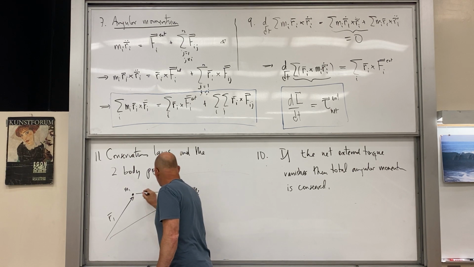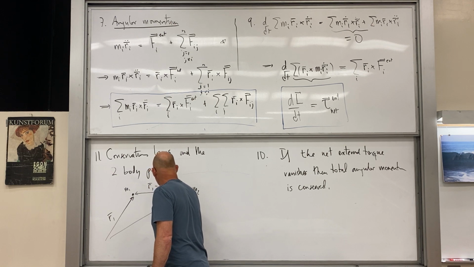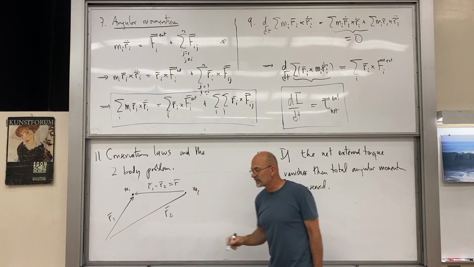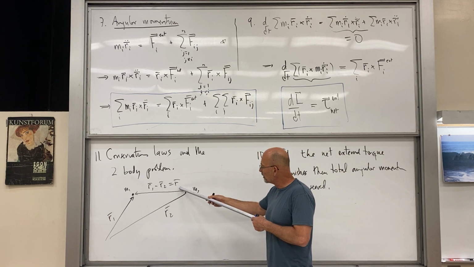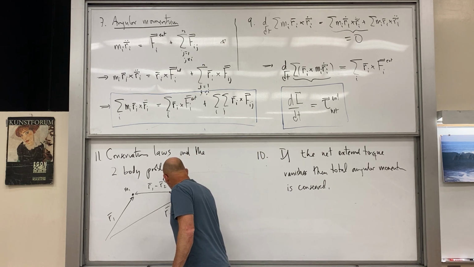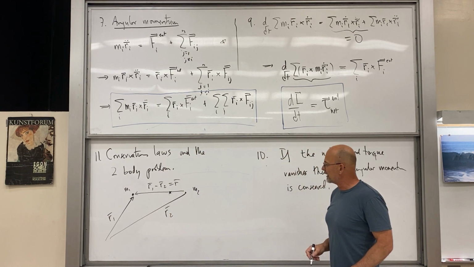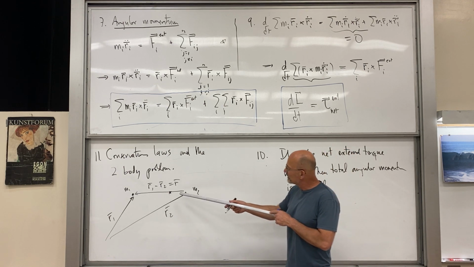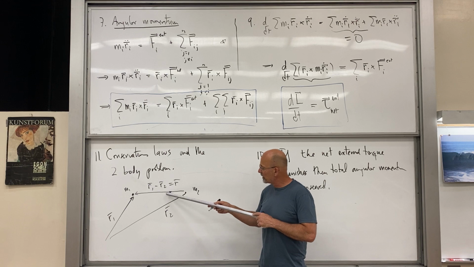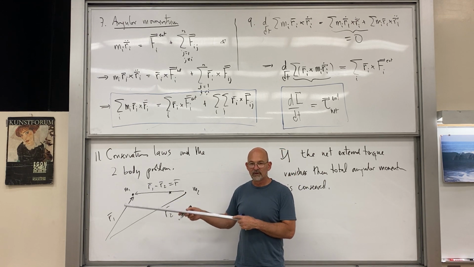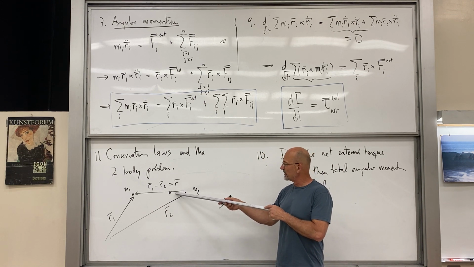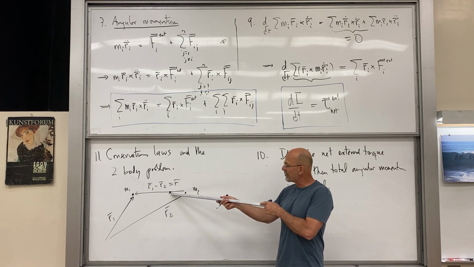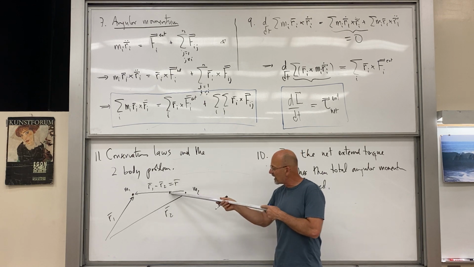Remember when I defined the difference vector, R1 minus R2, we just called it R, and I expressed R1 and R2 in terms of R with respect to the center of mass. That's how we defined it. We were making use of the fact that the center of mass, that point in space, is what's moving uniformly with constant velocity, and therefore we just shut out that whole motion. So we chose a center of mass coordinate system, where we based these coordinates on the center of mass.